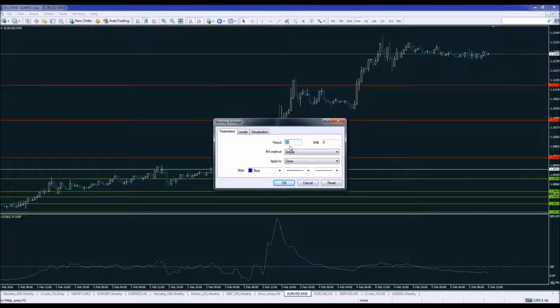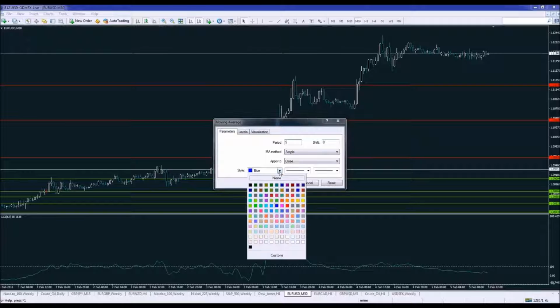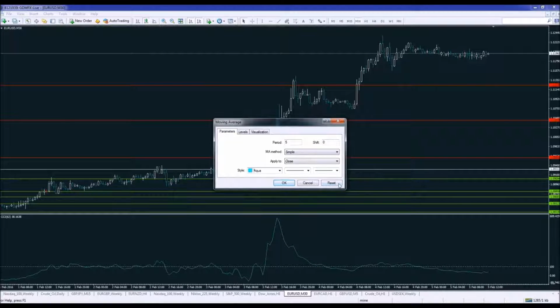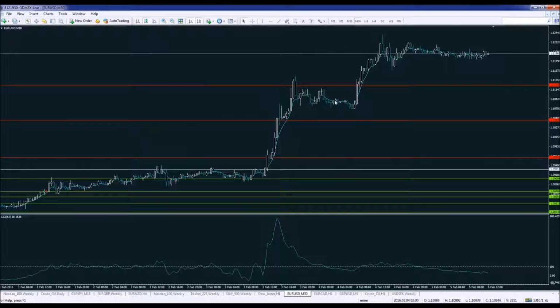The first moving average that we will use, we will take a period of 5 for moving average number 1. The style here, we're just going to choose something less. And this one will be exponential. Something that is well seen.